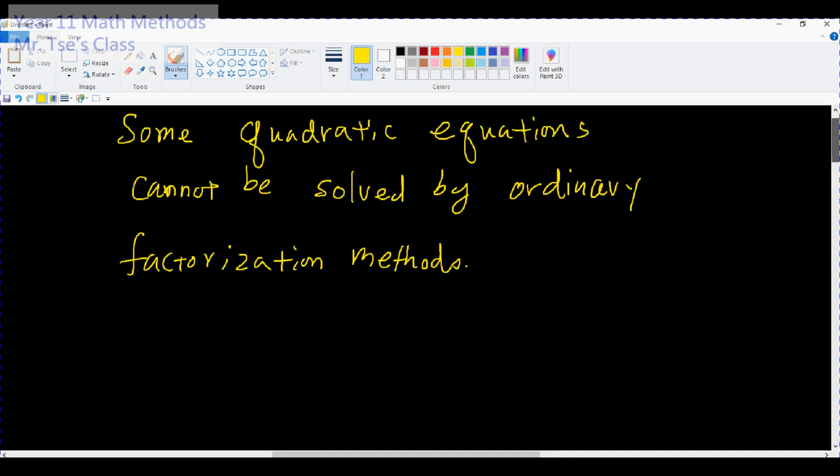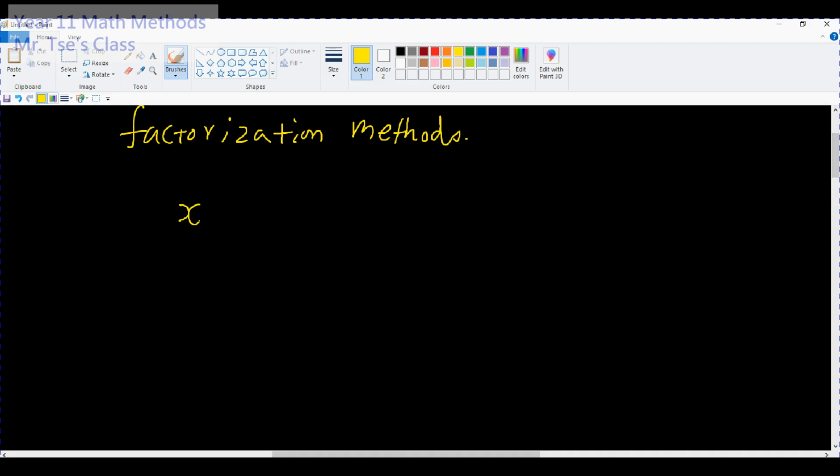Okay, so for example, this equation. Oh, sorry. Let me try this one. Okay, so you see this equation can't be factorized. You can try, but it won't work.